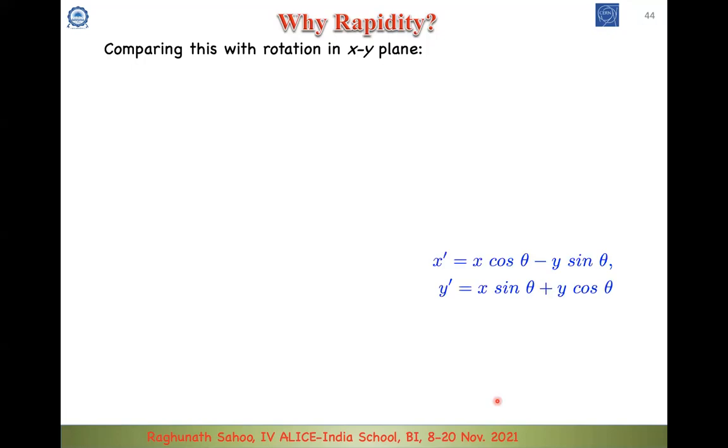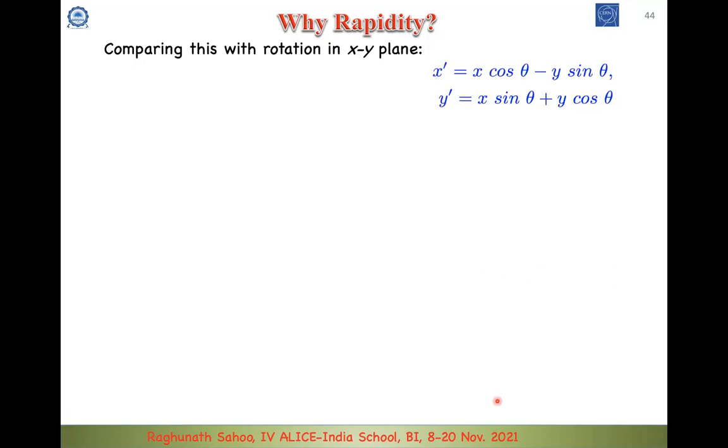And if you compare this with the rotation of the xy plane around one axis, for example the z axis, with an angle theta, you'll find that your x prime was earlier written as x cos theta minus y sin theta. Essentially, after the rotation, the new coordinates x prime and y prime are related to your x and y of the present coordinate system. Those will be related through your cos theta and sin theta.